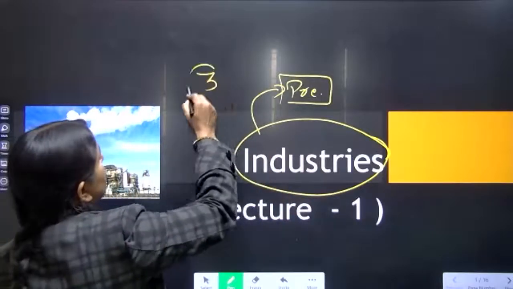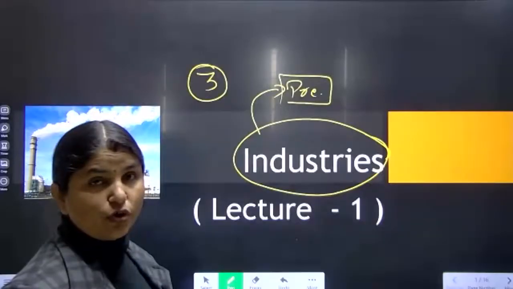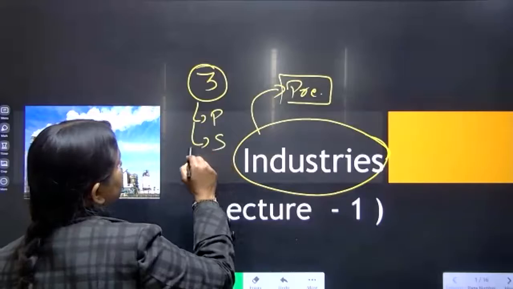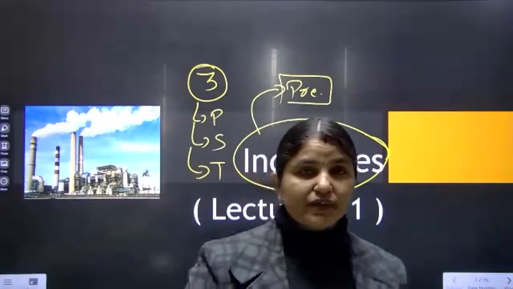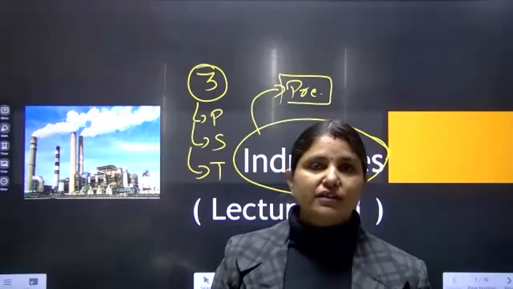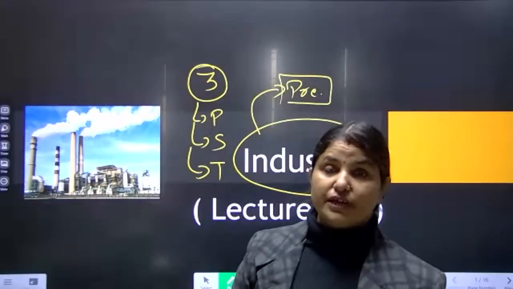How many types of economic activities do we have? We have three types: first, primary, second, secondary, and third, tertiary. In primary activities we see agriculture, hunting, gathering, catching fishes; they are all part of primary activities.